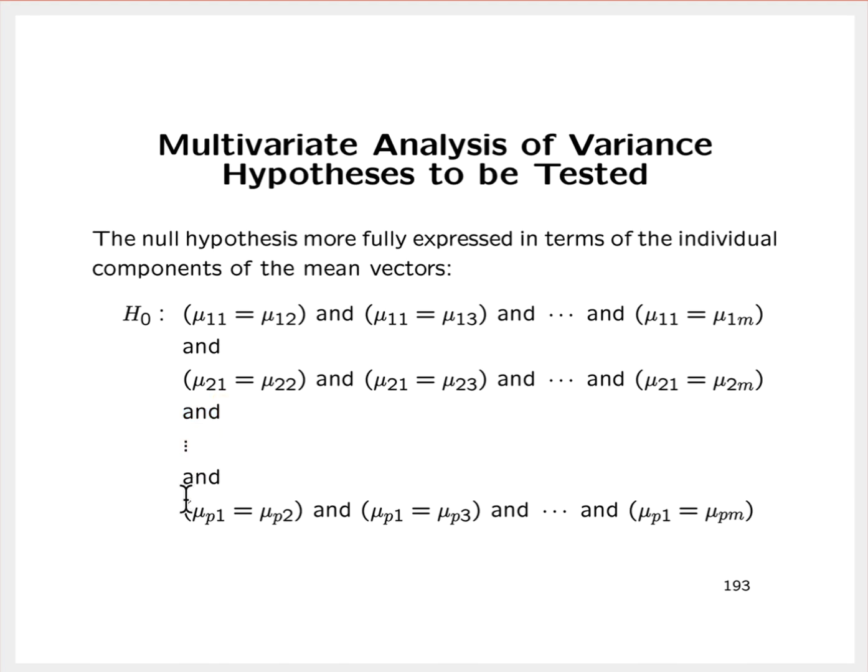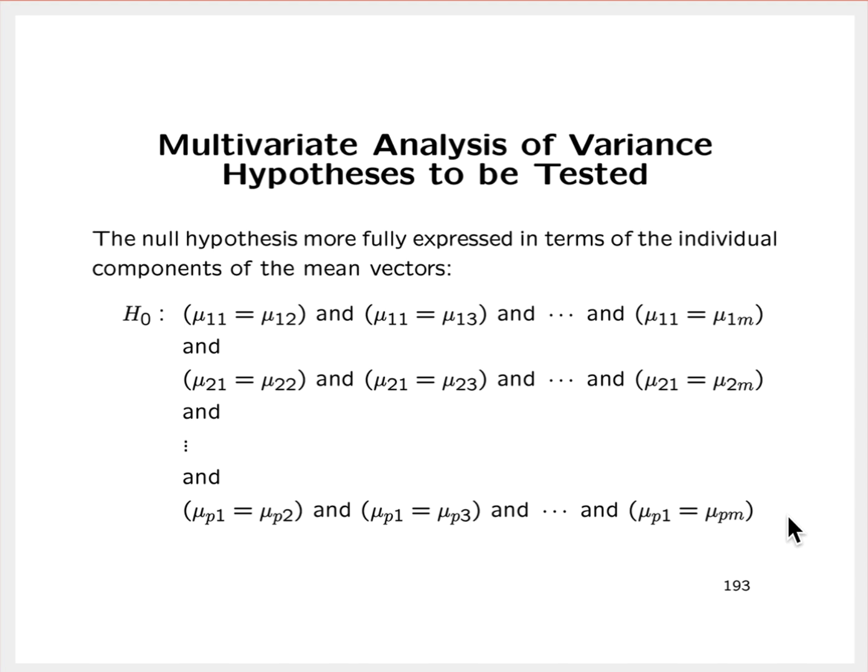And then so forth, all the way down to the last response variable means. So mu sub p1 is equal to mu sub p2, and mu sub p1 is equal to mu sub p3, and so forth, and mu sub p1 is equal to mu sub pm. So you'll notice that we have expressed the null hypothesis in terms of every single component in every single vector.